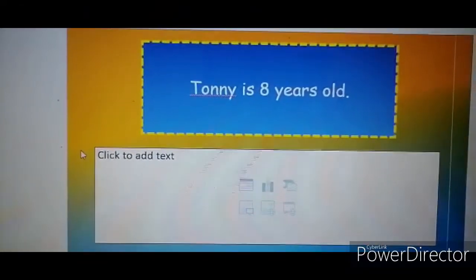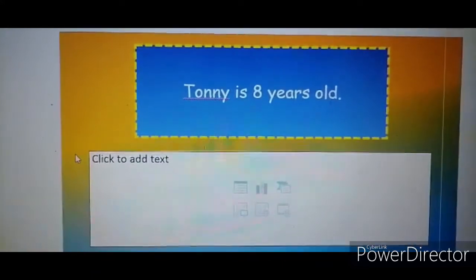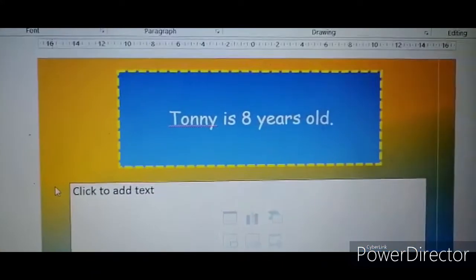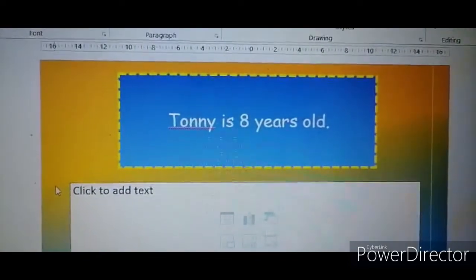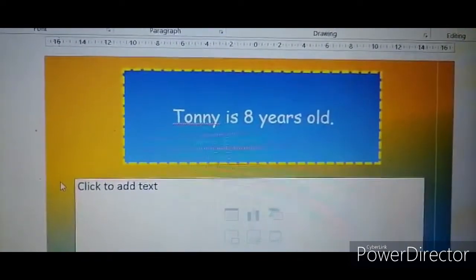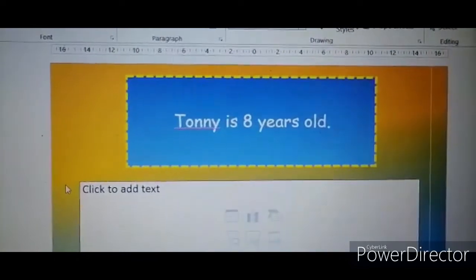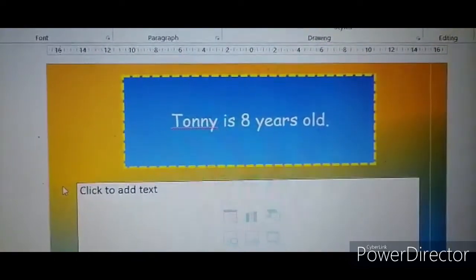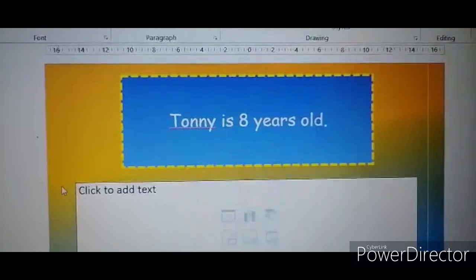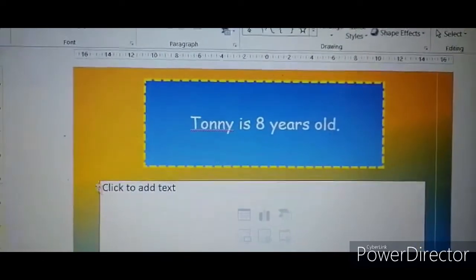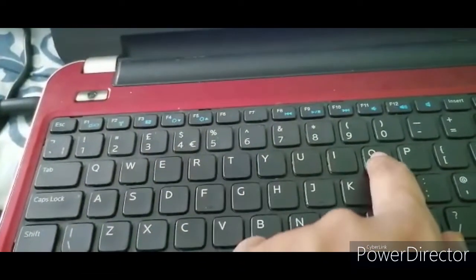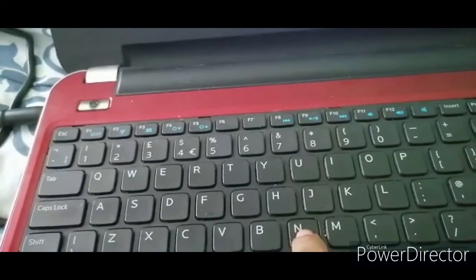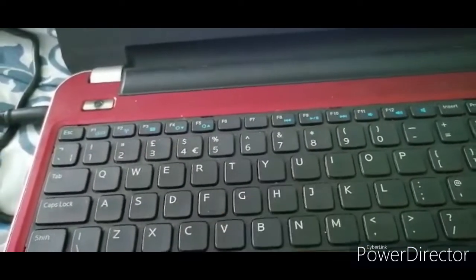Let's work out a second example. Tony is 8 years old. And between each word there are spaces. Let's type it below. Tony. Space.